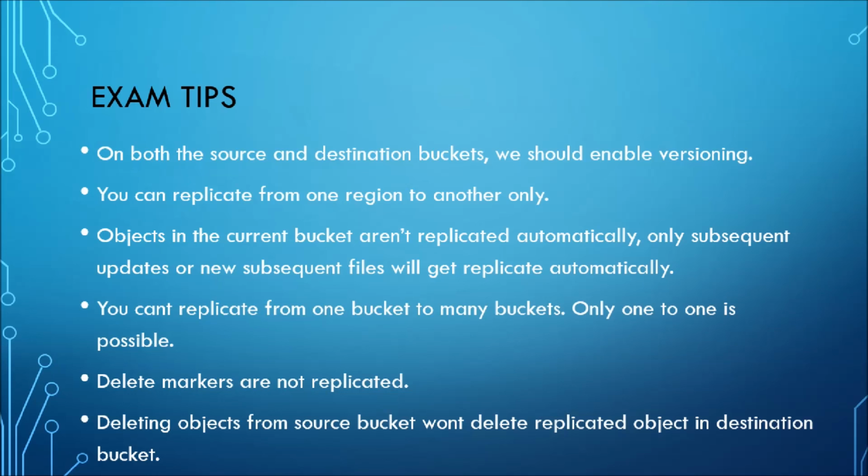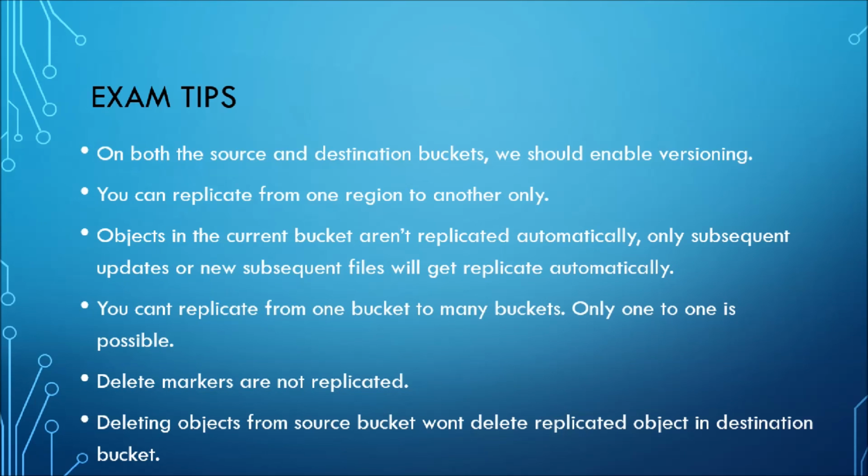The fourth one is that you cannot replicate from one bucket to many buckets. As of now in AWS, we can only replicate data from one bucket to one bucket. The fifth one is that delete markers are not replicated.